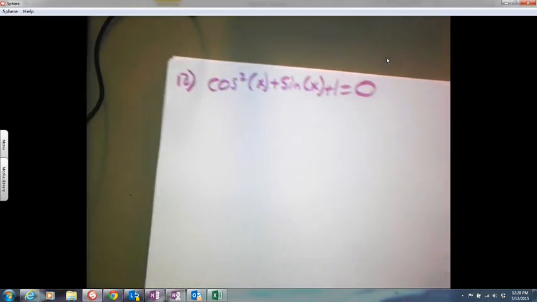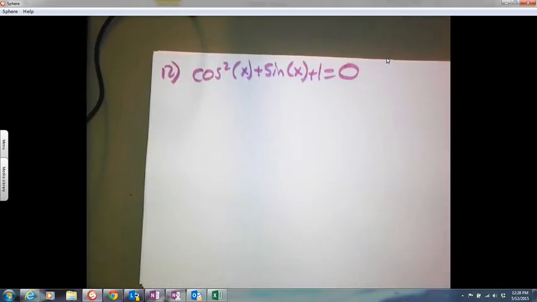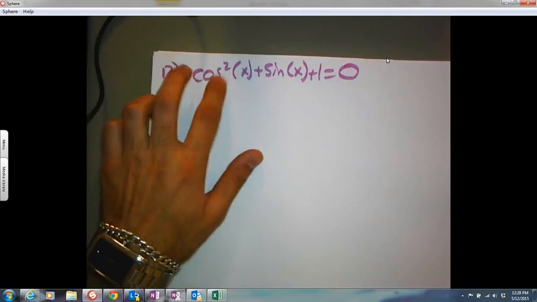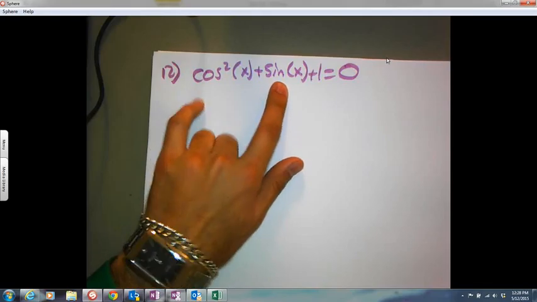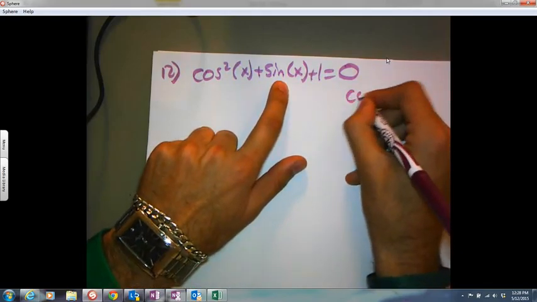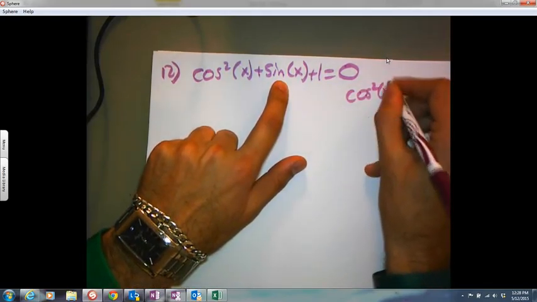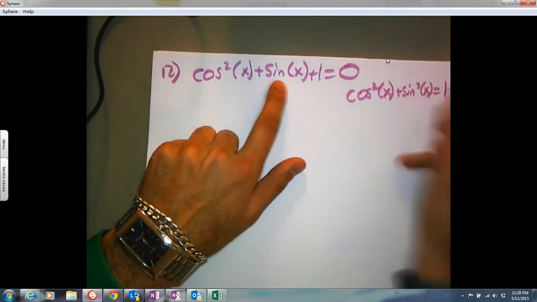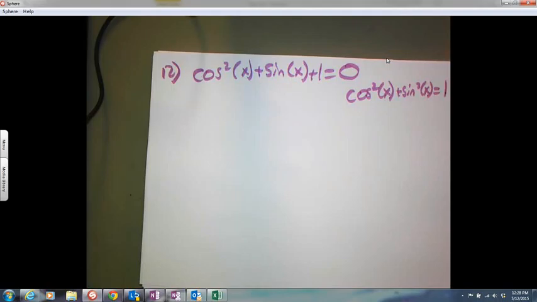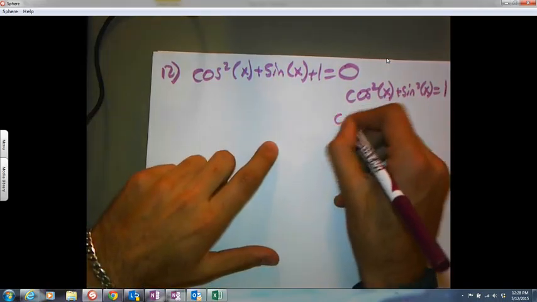We have both cosine and sine. We need to only have one trig function. How do I take care of that? I remember my identities. Cosine squared x plus sine squared x equals 1. Minus sine squared on both sides, because then I've got cosine squared of x equals 1 minus sine squared of x.